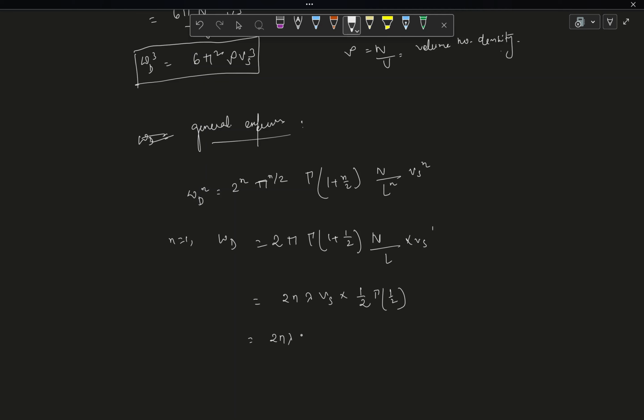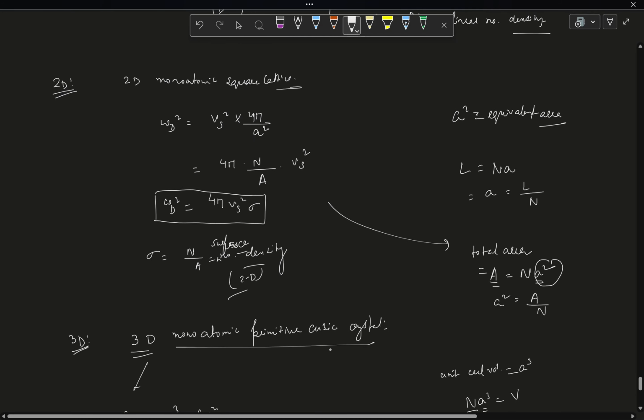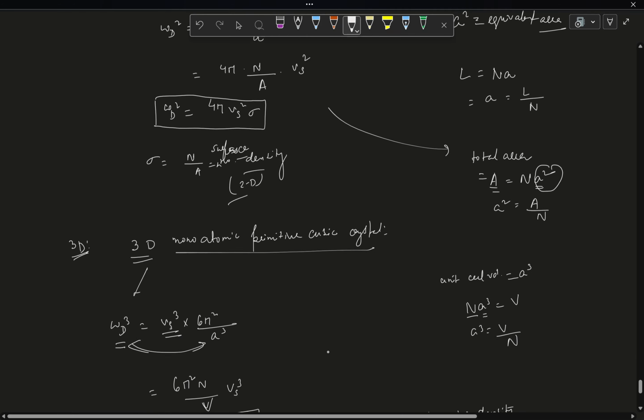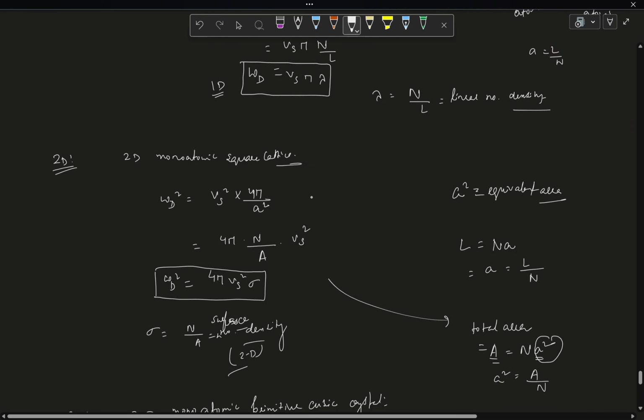So 2 pi by lambda Vs into root over 2 root over pi by 2. So what are we getting here? We should have obtained 4 pi Vs by lambda.